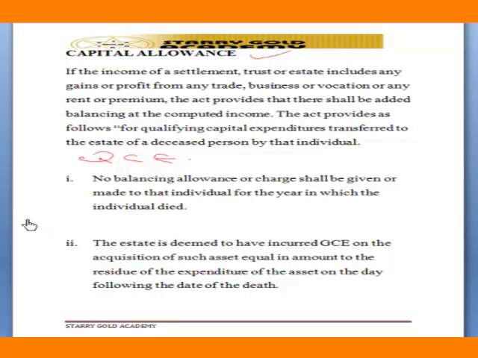Where an asset is transferred to an estate by the individual setting up the trust, the estate is deemed to have incurred qualifying capital expenditure at a value equal to the tax written down value of the asset on the day following the date of the setting up.